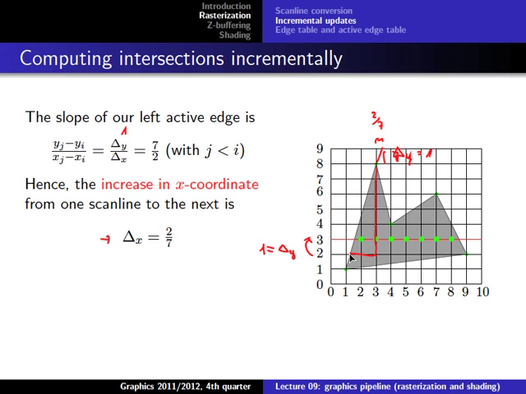So when we have this value here and we move up here, we know that the y value just changes by plus 1, and the x value of that point on the line changes by plus delta x, which is plus 2/7.